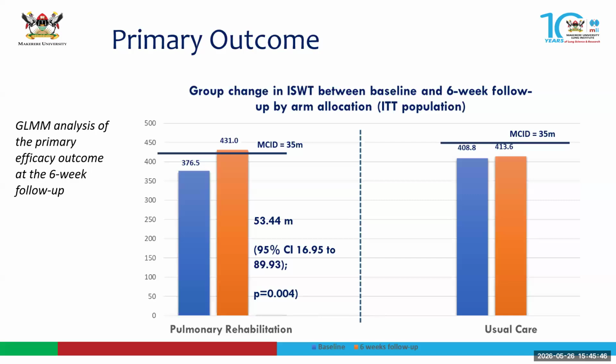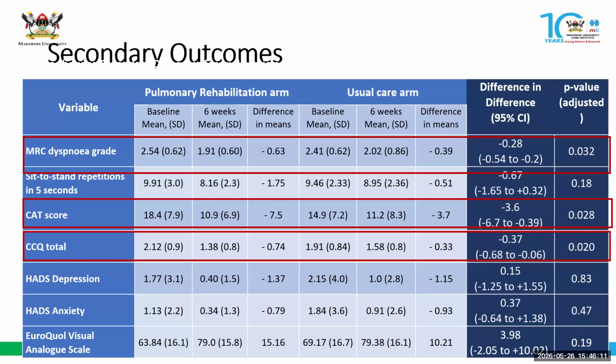So at the end of the rehabilitation, you actually saw that the patients, those who were offered pulmonary rehabilitation, significantly improved in exercise capacity compared to the usual care, where they were really just doing business as usual. Again, demonstrating here that pulmonary rehabilitation significantly improves the physical conditioning of the patients with chronic lung disease like post-TB lung disease as well as bronchiectasis.